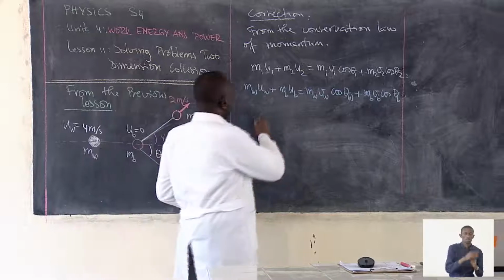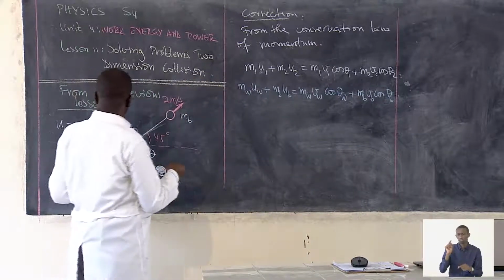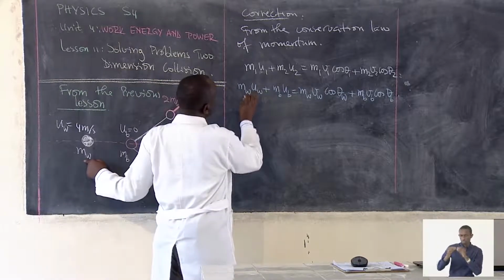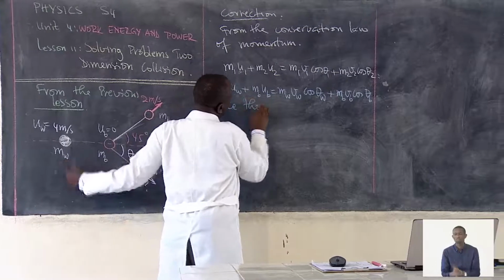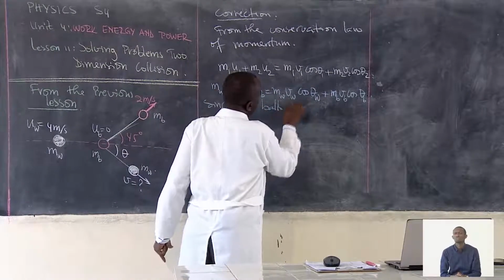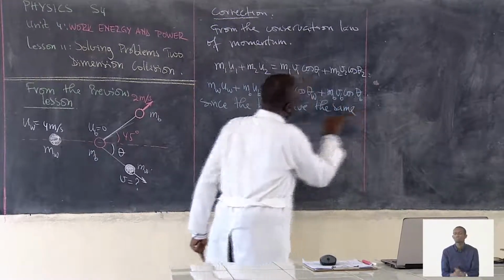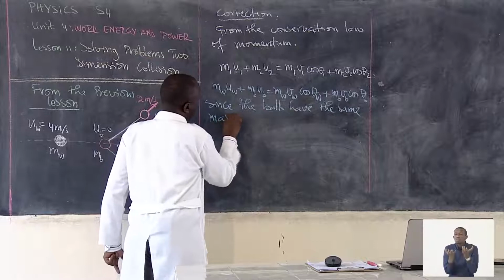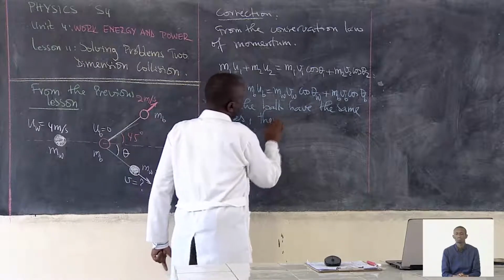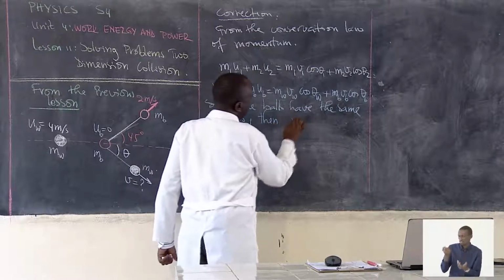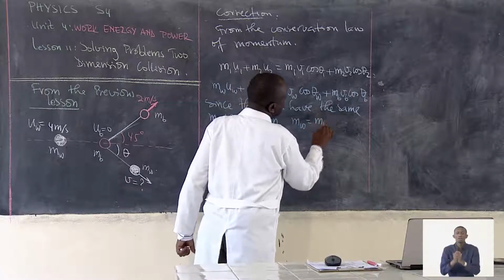And as you see, we can substitute the data. If we substitute the data we have here, since the balls have the same masses, the mass of the white equals the mass of the black.